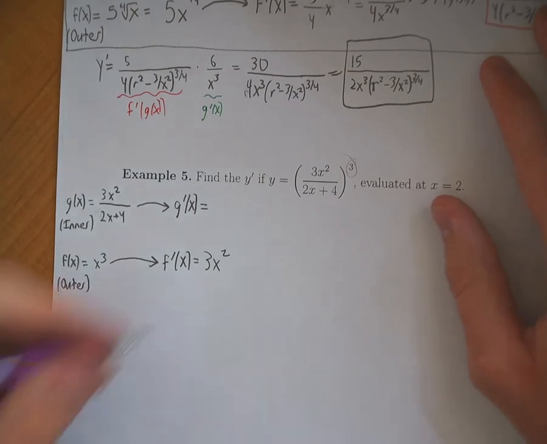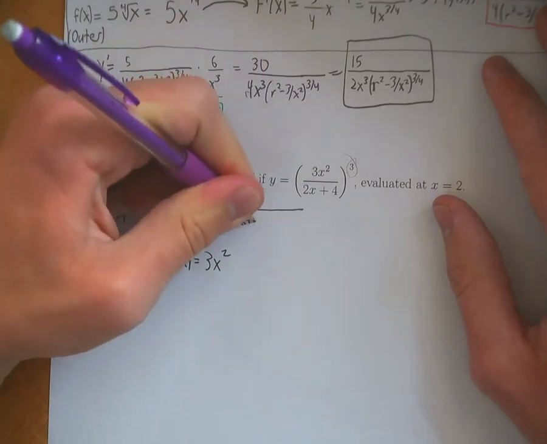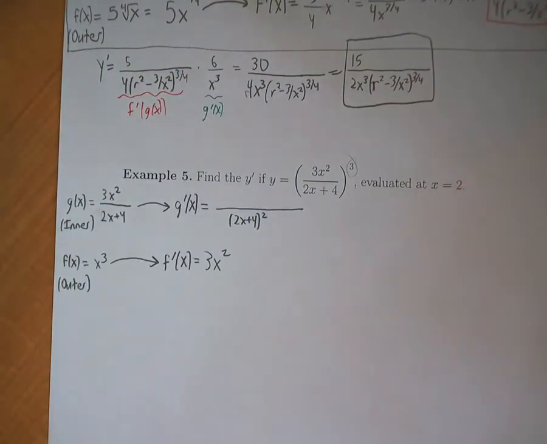I'll give you guys a head start. Divided by 2x plus 4 squared. There's your hint. Go ahead. 6x times quantity 2x plus 4 minus 2 times quantity 3x squared.